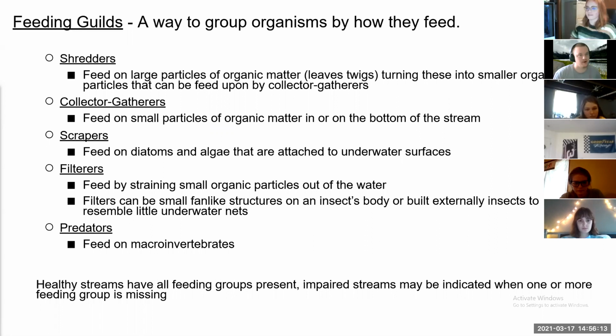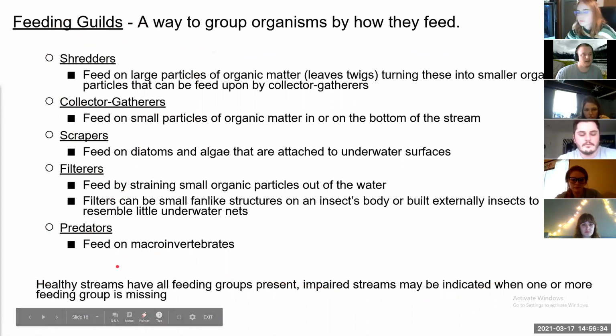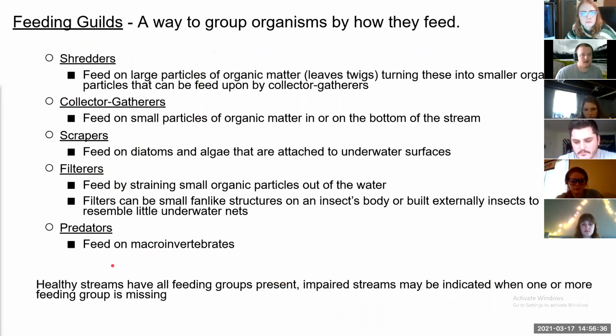Okay, if there's no other questions, I'm going to take over for a minute. So when talking about feeding guilds, it's just simply a way to group organisms by how they feed. You can probably fit these to fish and other organisms. Here, I kind of had macro inverts in mind when I created this, and I haven't used these for fish necessarily.